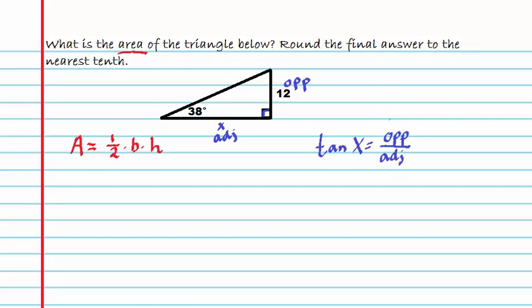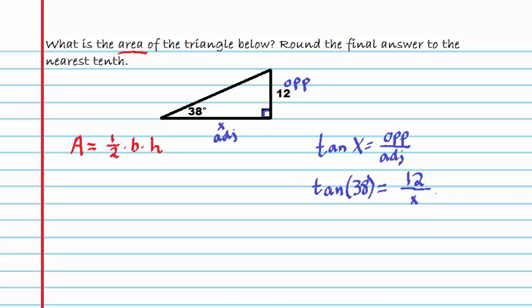Let's plug in our information. I was given my angle, so this is going to be the tangent of 38 equals my opposite side, which I know is 12, over my adjacent side, which I do not know, and remember we called it x.